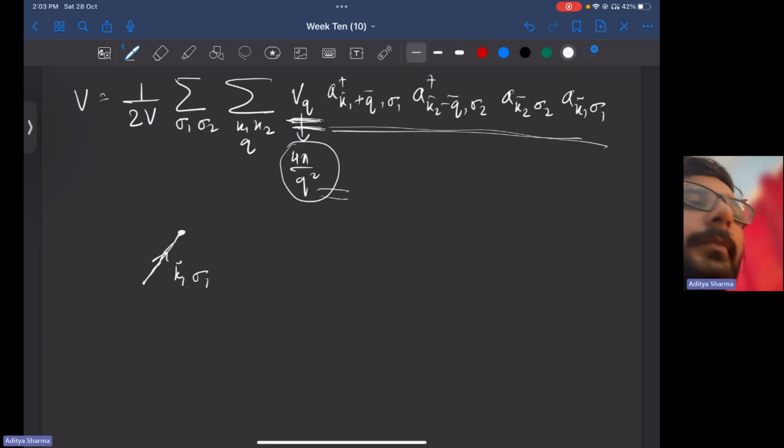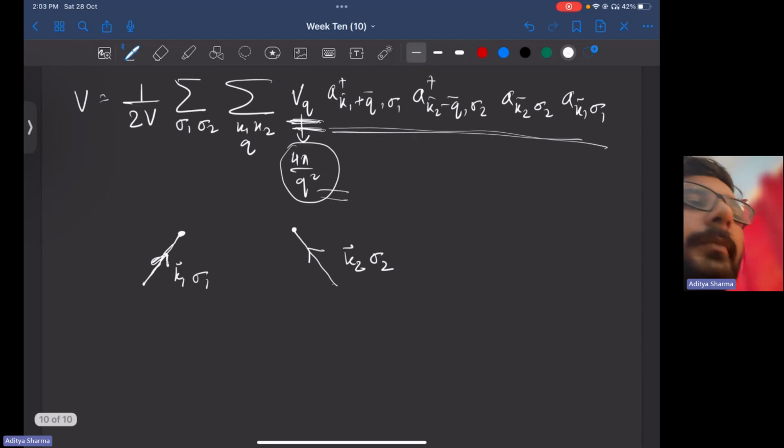So you have an incoming particle. You need another one also, because if you don't have that, there is no Coulomb interaction. You need two charged particles. So two charged particles are going in, one with momentum k1 sigma 1, the other with another momentum and sigma 2. There is a mediation happening.